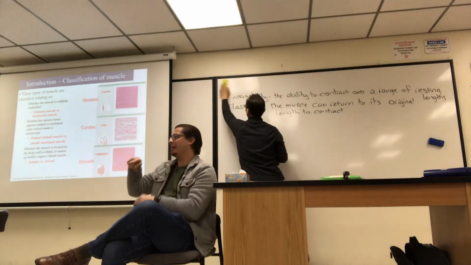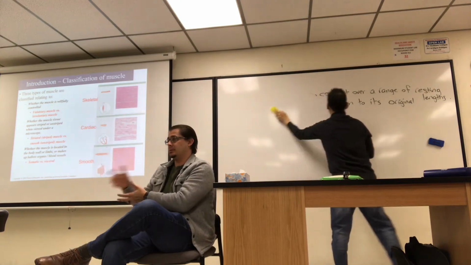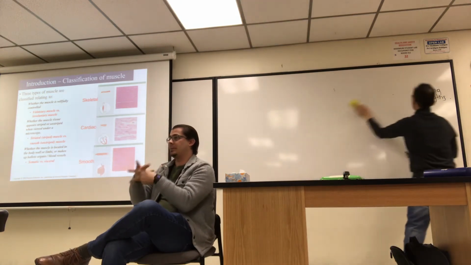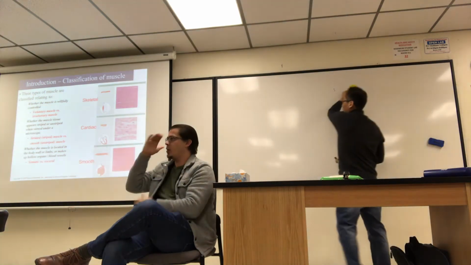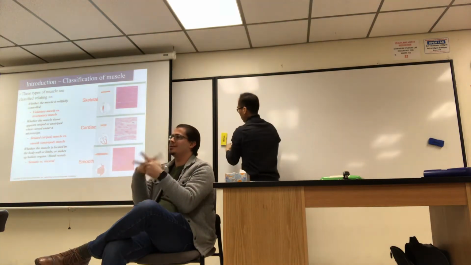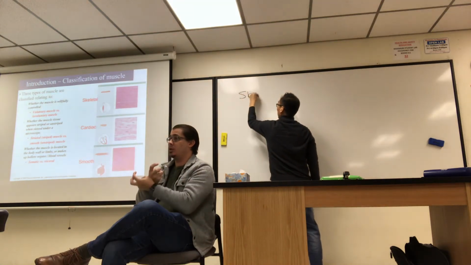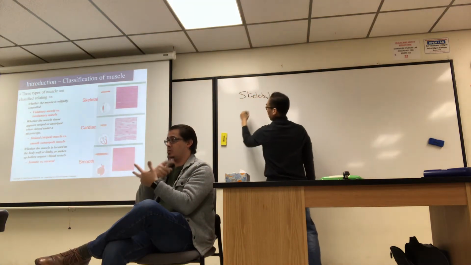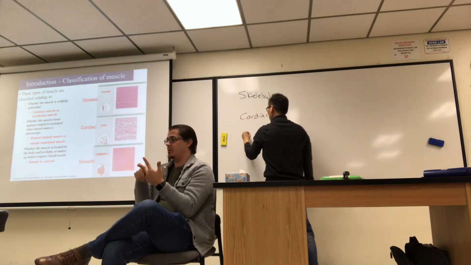But we can categorize the three different types, so you at least know how the three muscle types differ from each other. So we have skeletal, cardiac, smooth.